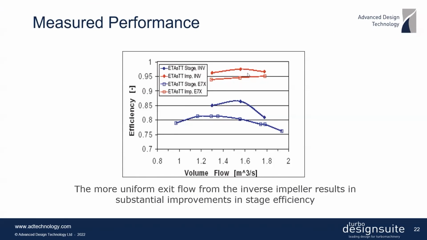And there was about 2 points improvement in the efficiency at the impeller exit. And then for the mixed out conditions at the stage exit, there was in fact a 5 to 6 points improvement. And this means that by making the impeller more uniform, you can actually get quite substantial improvements in the efficiency as a result of a reduction in mixing losses at the impeller exit.